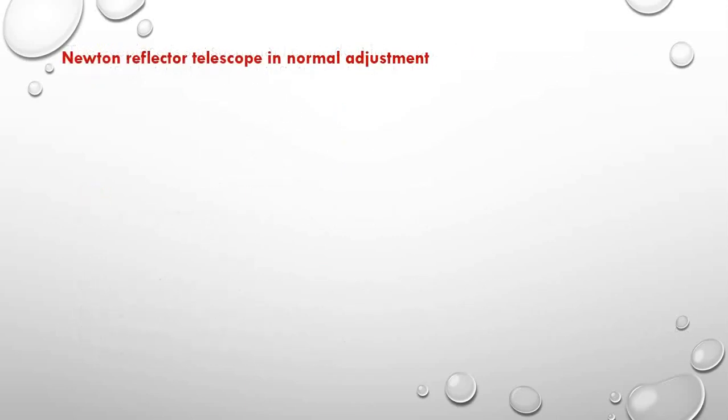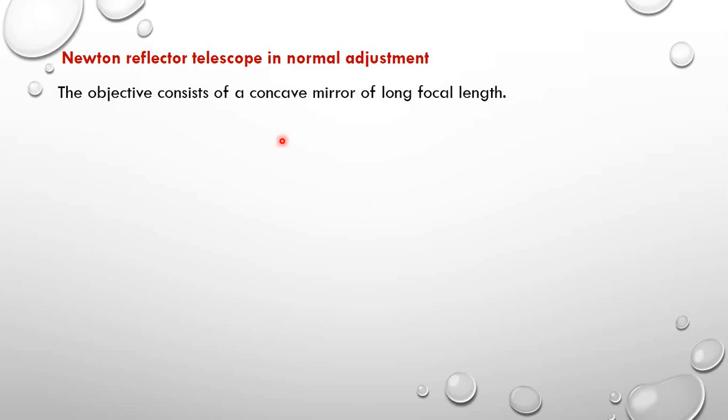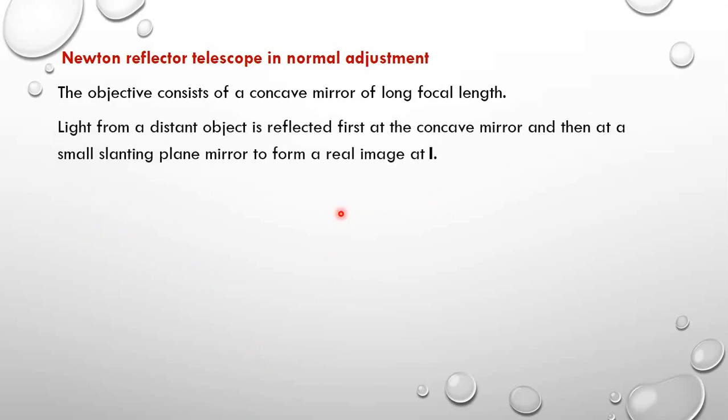Let's also look at the Newton reflector telescope. Here, the objective is also a concave mirror of a long focal length, and light from distant objects is first focused by the concave mirror, then onto a slanting small plane mirror, and then finally a real image is formed at a certain point I, which is at the principal focus of the eyepiece.